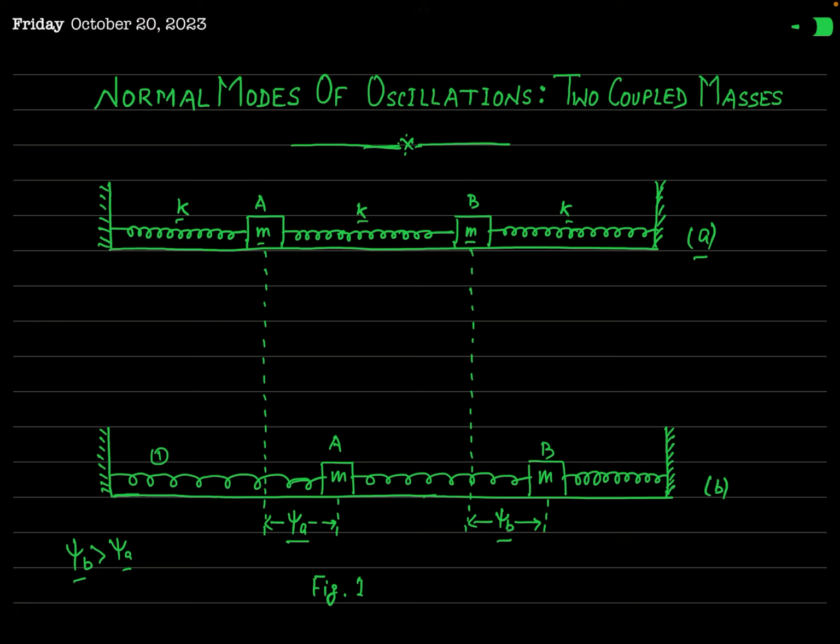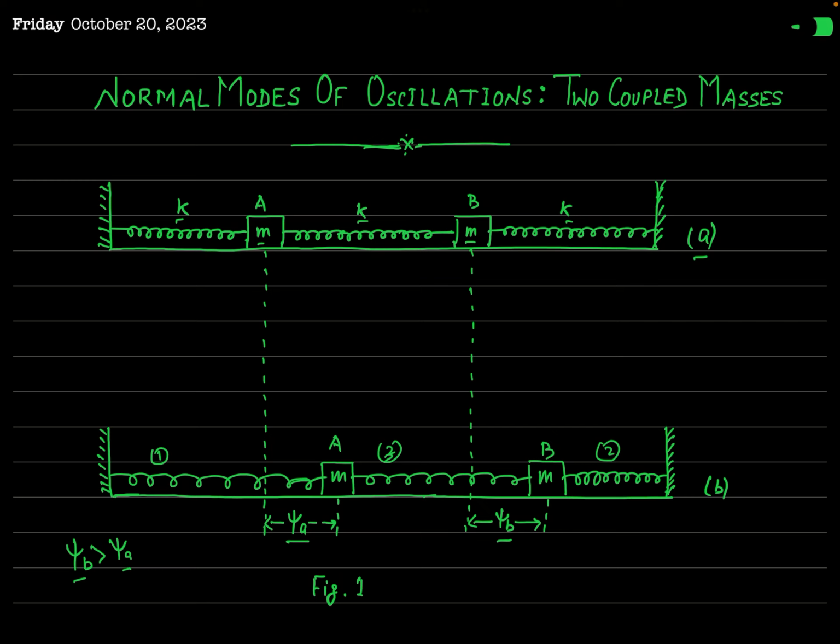The third spring will also get extended, but the second spring, which connects the two masses, will be compressed.